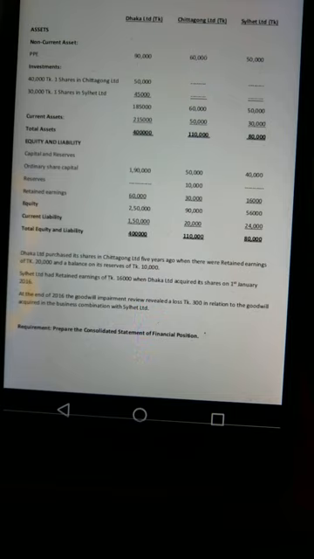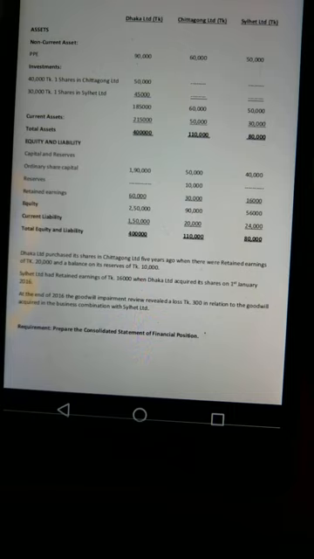When we witness this kind of investment, written in another company, Dhaka Limited, you have to understand that Dhaka Limited is the holding company and Chittagong and Sylhet Limited are subsidiary companies. Why? It's very simple, because Dhaka Limited owns Chittagong Limited's 40,000 Taka shares, valued at 50,000.